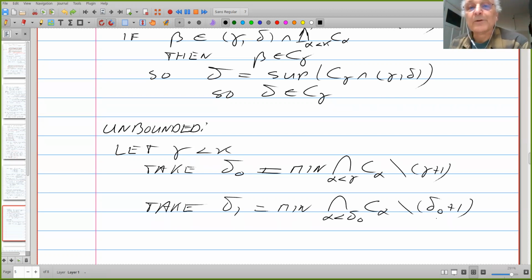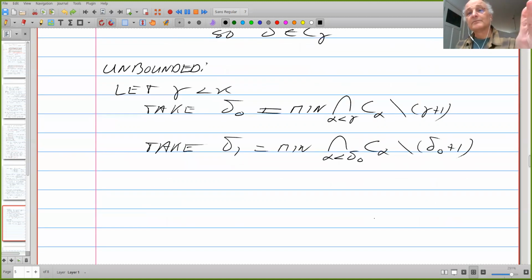We do the same thing. Now we take the intersection of all the C alphas where alpha is less than delta 0, and let delta 1 be the minimum of that, but keep it above delta 0. Now you see where this is going.